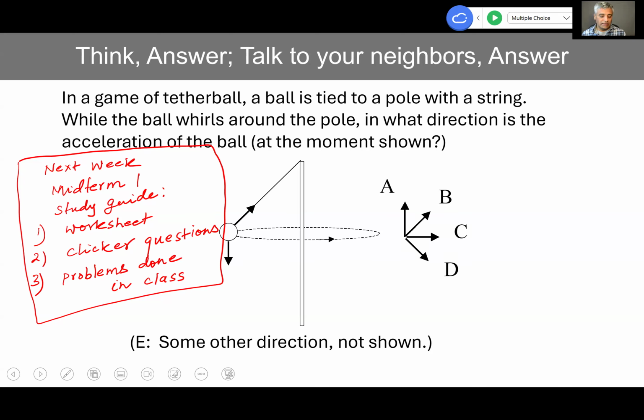That's how critically you want to look at the clicker questions. If you are using the clicker app, all the questions with the answers are in your app. So memorizing just the answer is not going to be that helpful because the same question most likely will not be there. A similar question, however, is going to be there. So you need to understand.